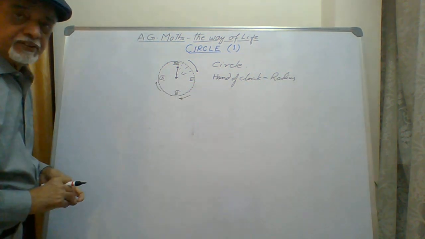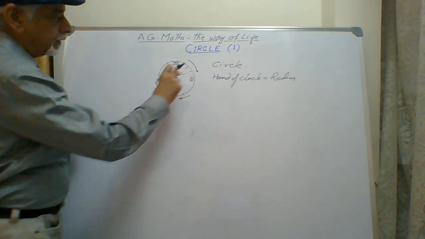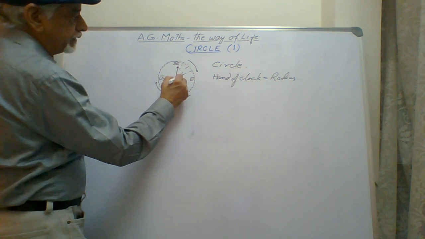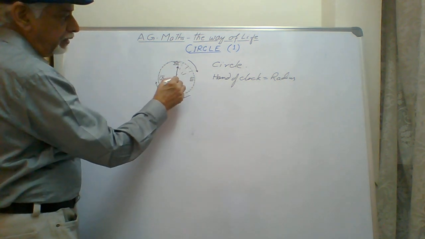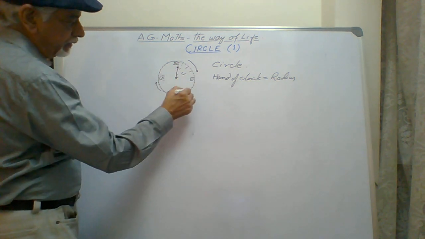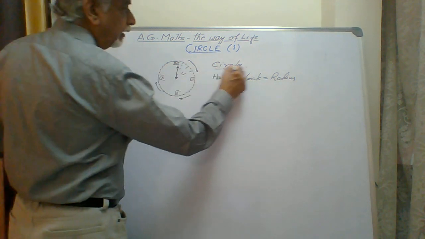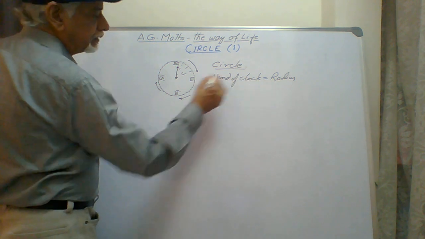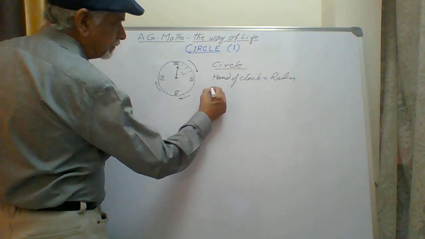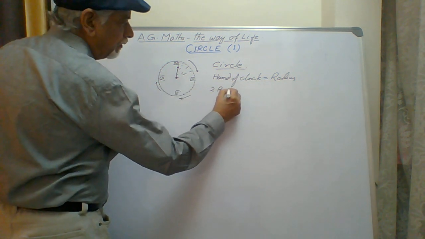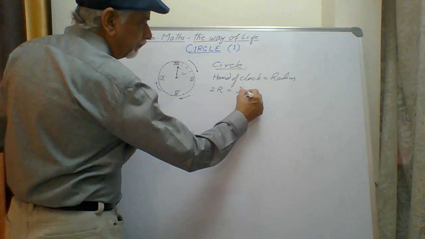This is the radius of the circle because one end is fixed, another end is free to move. This free end is covering this dotted position around the path of a circle. The hand of the clock is the radius, and 2 times the radius is called the diameter.